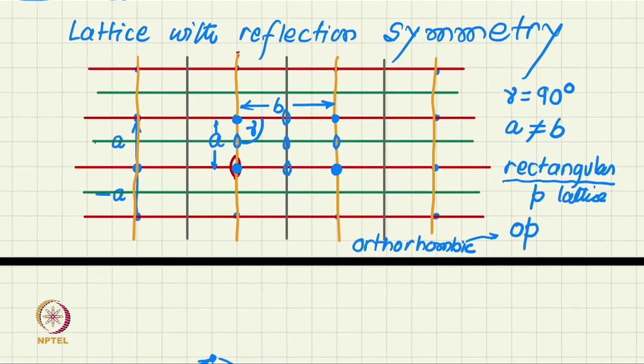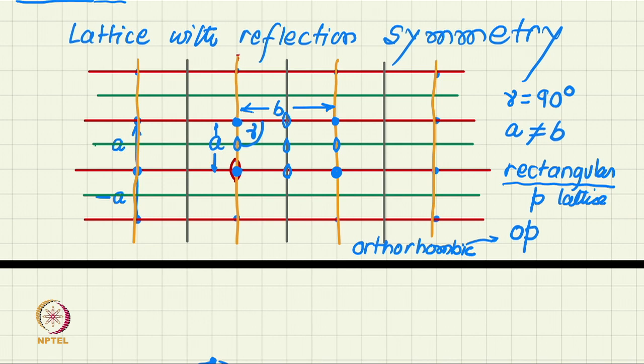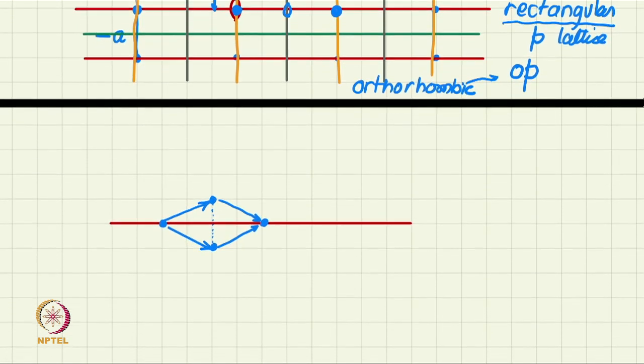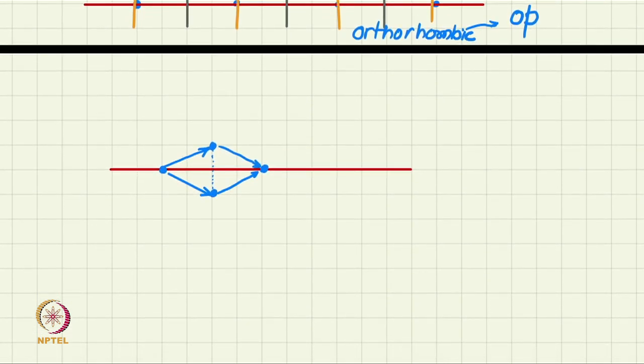So, that first assumption, that I took lattice points along the mirror line, was not so arbitrary. Even if I do not want to take a lattice point along the mirror line, the mirror symmetry as well as the lattice periodicity will generate a set of points along the mirror. That is part of the symmetry game.